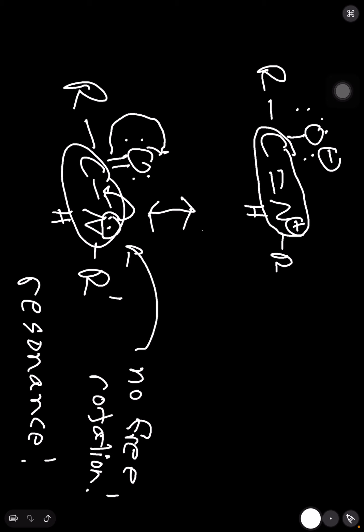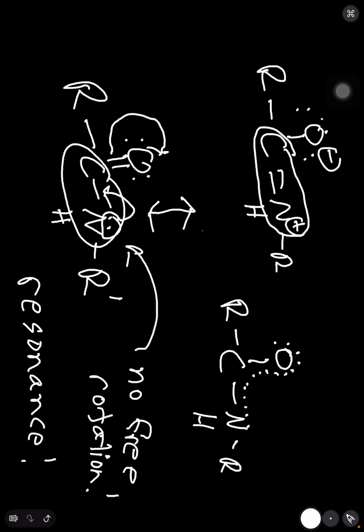The truth lies somewhere in the middle. So it's kind of a 1.5 bond between those two atoms here. If we were to draw the resonance hybrid, it looks something like this. Partial positive on that one, partial negative there.